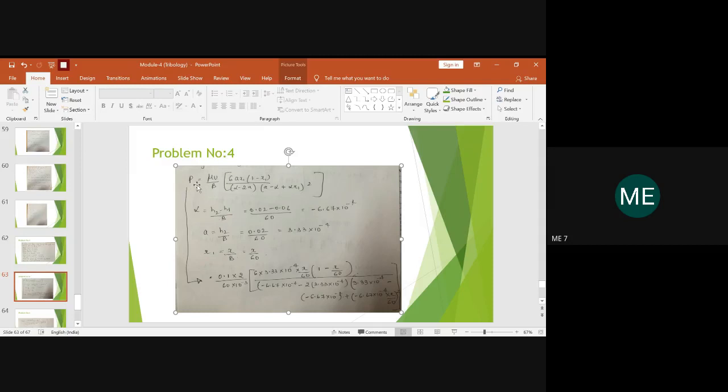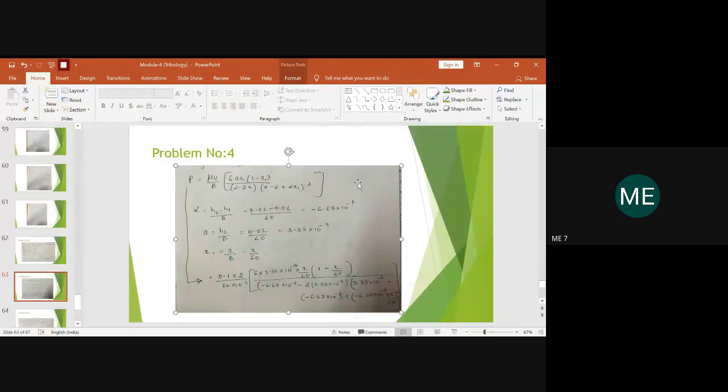P will be equal to mu U divided by B into 6 times of A into x1, open the bracket, 1 minus x1, divided by 2 minus alpha minus 2a, again open the bracket, it is a minus alpha plus alpha x1, whole square, right? This is the pressure distribution equation, and it is there in the data handbook as well.